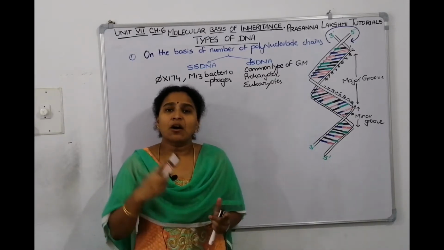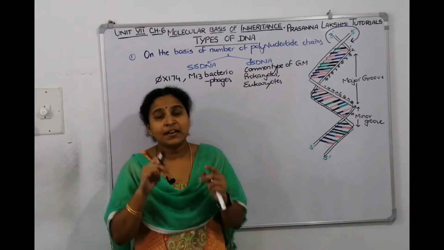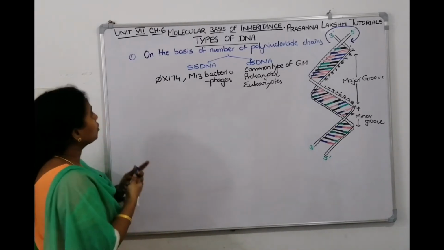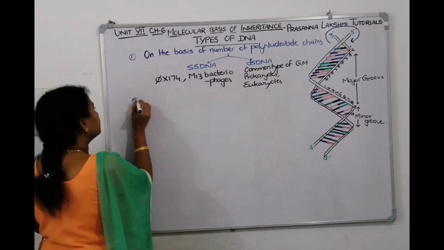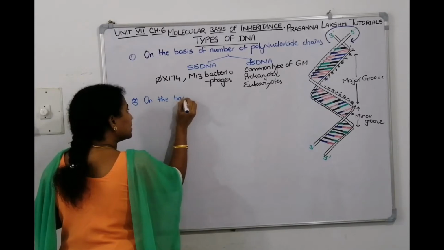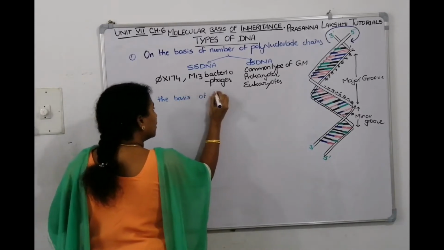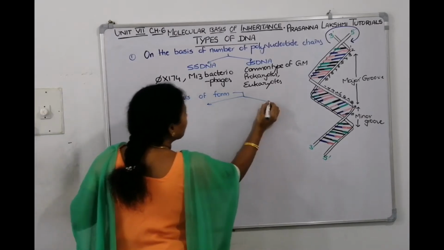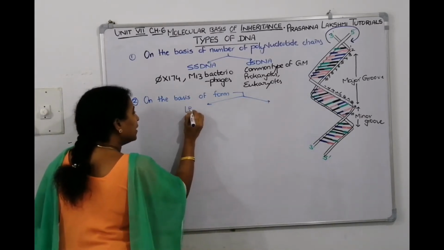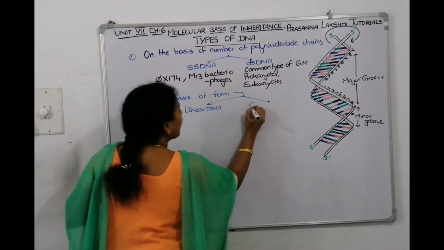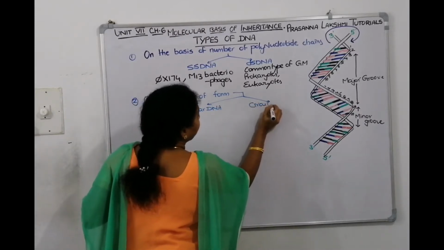Now, on the basis of their form, whether it is linear or circular, that's our second way of classification. On the basis of form, we are going to classify them into linear DNA or circular DNA.